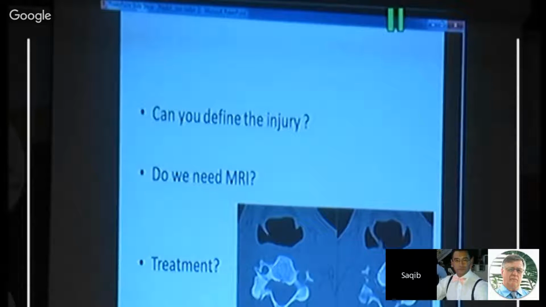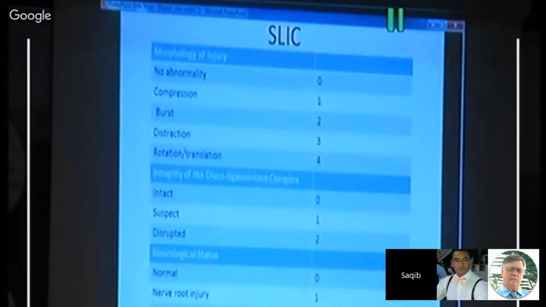Recently, we use SLIC, the subaxial cervical spine injury classification system, and based on SLIC we decide the treatment type. And of course, the other question is the timing of the surgery, if there is an indication for surgery. I would like to show you the SLIC.